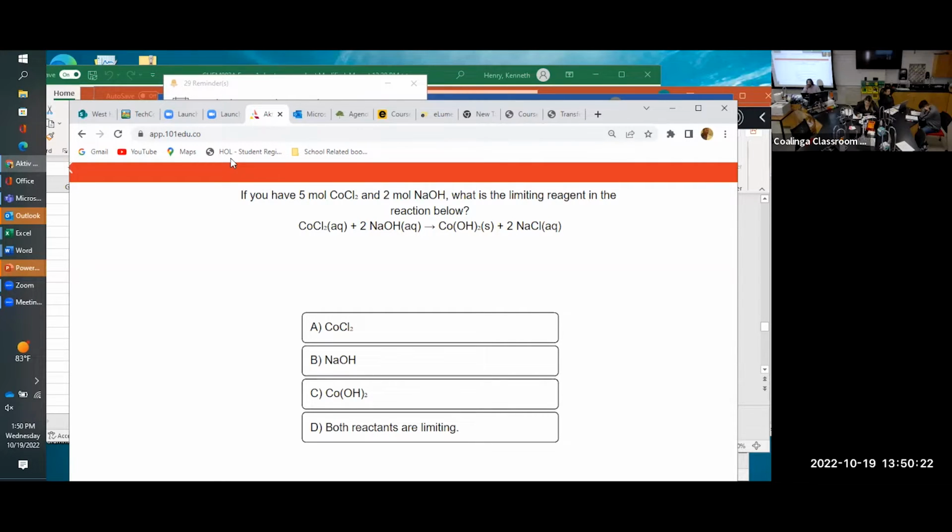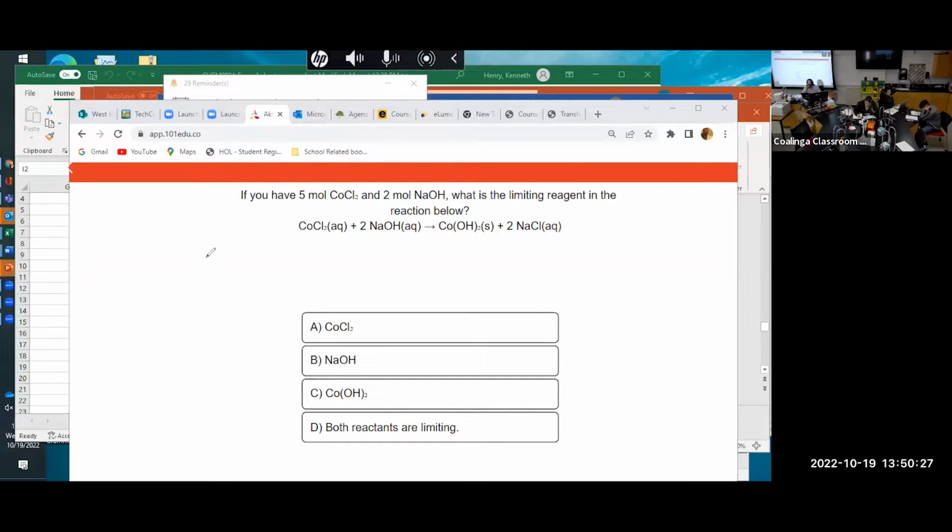Okay, so how would I figure that out? Do you guys want to do it the long way or the short way? The long way. Okay, so if we have 5 moles of cobalt chloride, we do a direct comparison between cobalt chloride and sodium hydroxide. What is the mole ratio of cobalt chloride to sodium hydroxide?